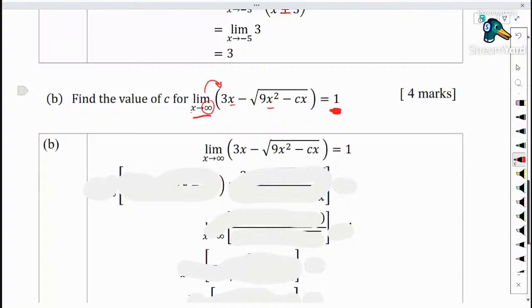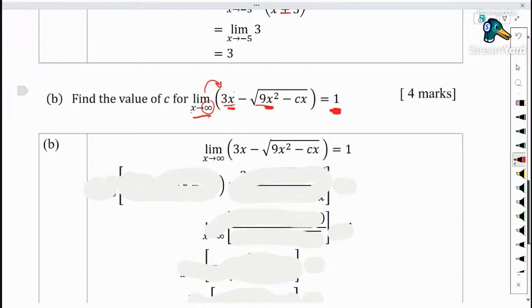Whenever you have a limit at infinity, we refer to the highest power of the terms that we have, and then we substitute it to decide whether we get positive infinity, negative infinity, or whichever is appropriate. In this case, we notice that we have two highest power terms: one is x, the other is the square root of x squared.